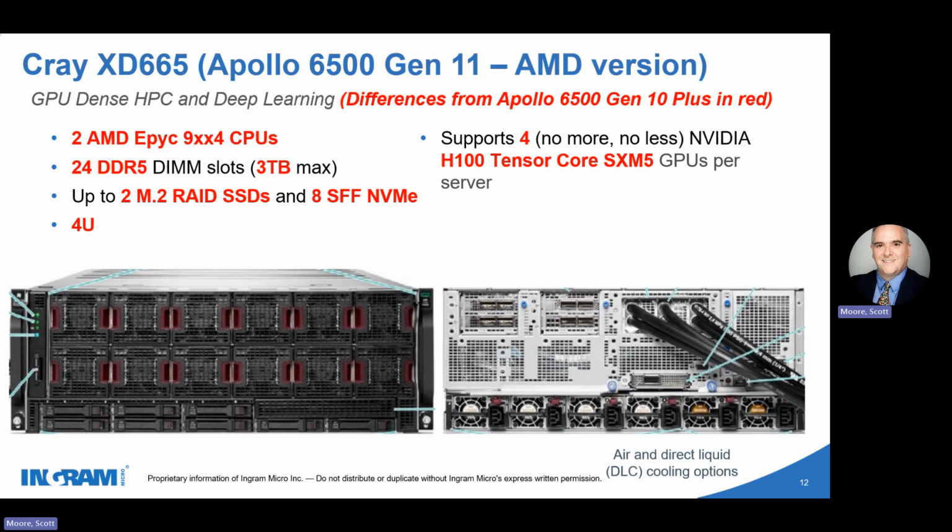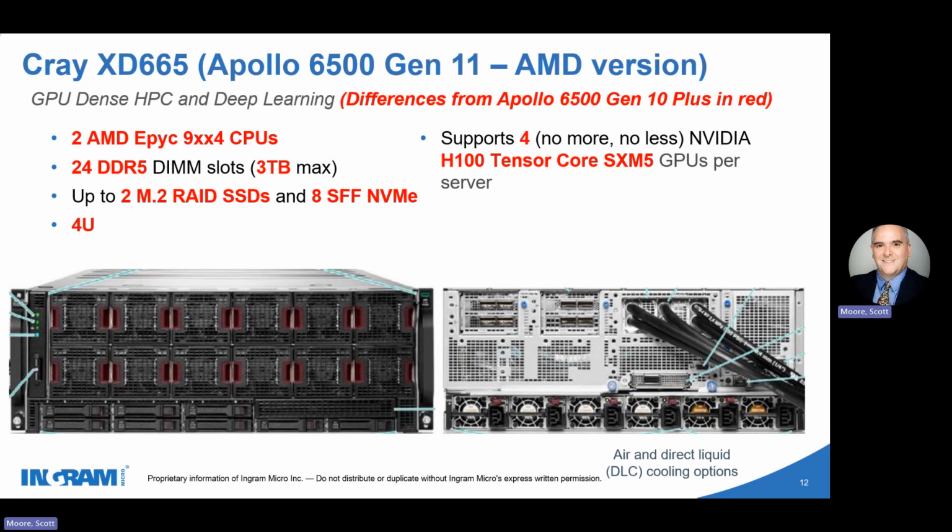So pretty decent on the compute side when it comes to current functionality in our processors. Supports up to 2 M.2 SSDs in a RAID and 8 small form factor NVMe drives as well. And this one supports up to 4, again, no more, no less, NVIDIA H100 Tensor Core SXM5 GPUs. So when you buy this server, you're buying a bundle of 4 GPUs for this server.